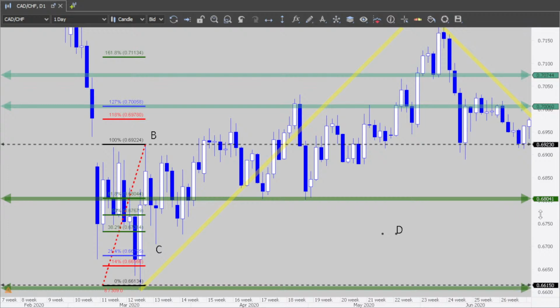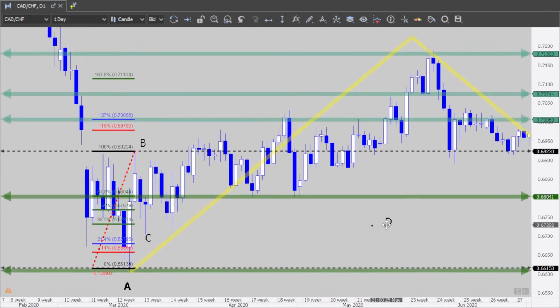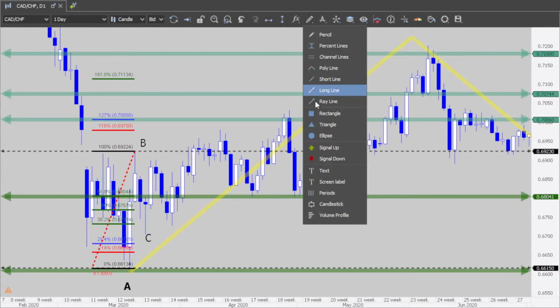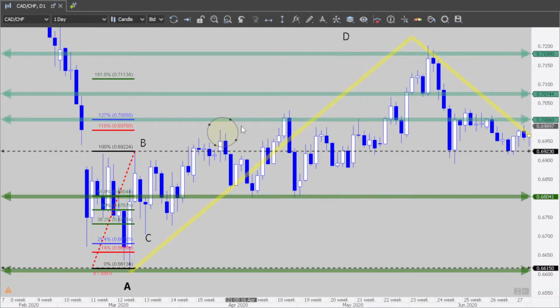Okay, now C retracement is related to the D extension, right? Which one is our D extension then? Is the first circle our D extension? Is the second circle our D extension? Or is the third circle our D extension?